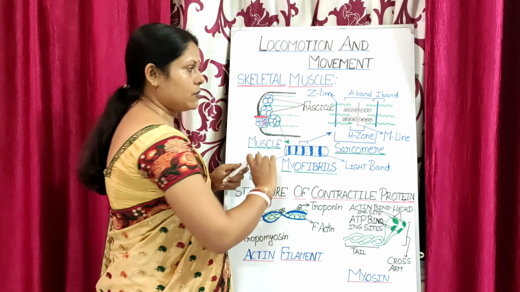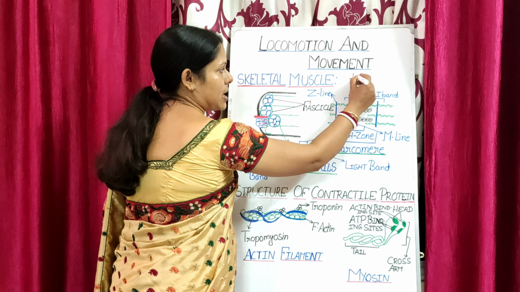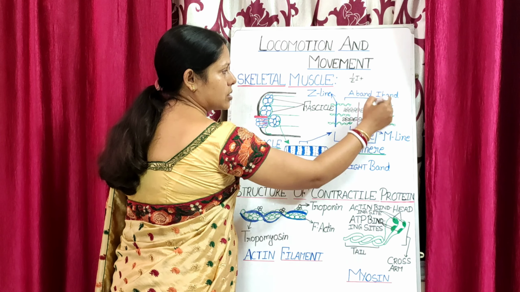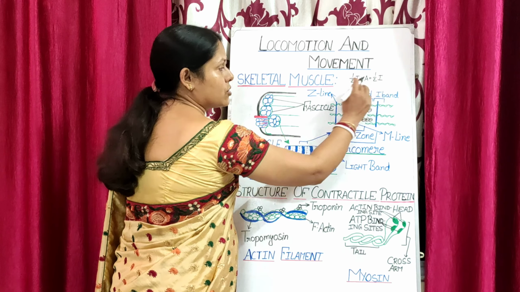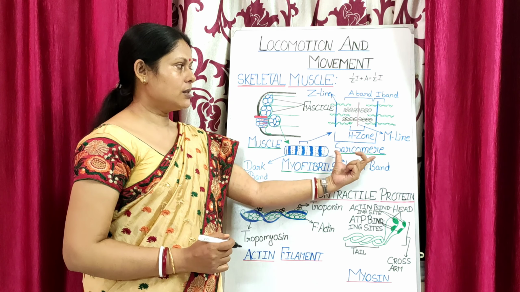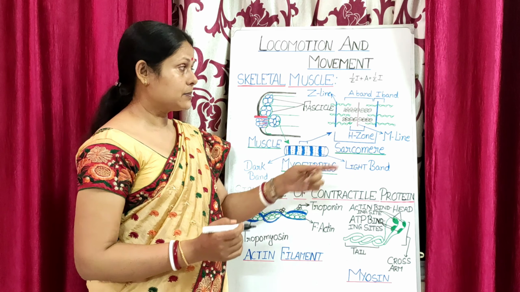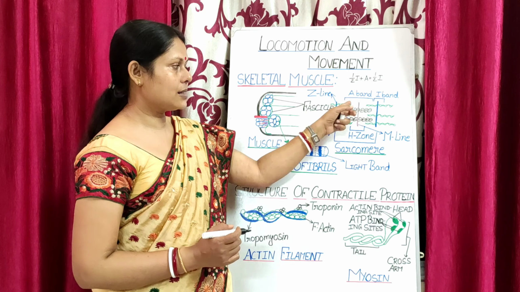So written as a formula, it is half of the I band plus the total A band plus again half of the I band. This entire unit is what is present between the two Z lines. This light band is your isotropic band, and the dark bands are your anisotropic bands.